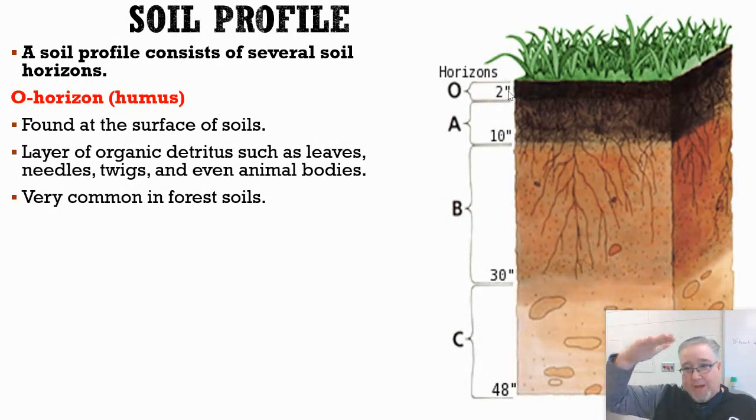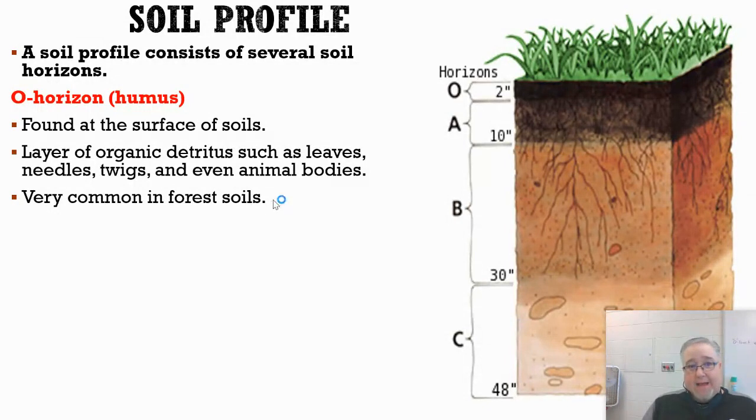It's the layer that we come in contact with. It's mainly organic matter. Think about what's in that organic layer: grass and dead leaves and twigs and maybe dead animal carcasses. All that stuff is in that O layer. It is highly organic, with lots of life in that layer.